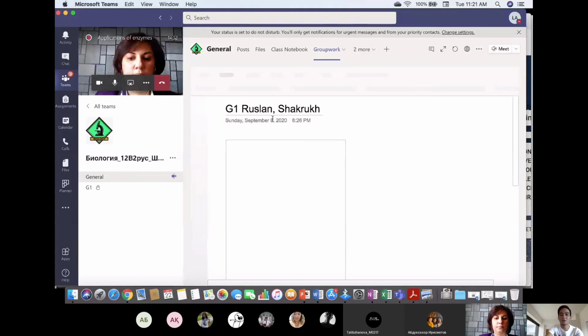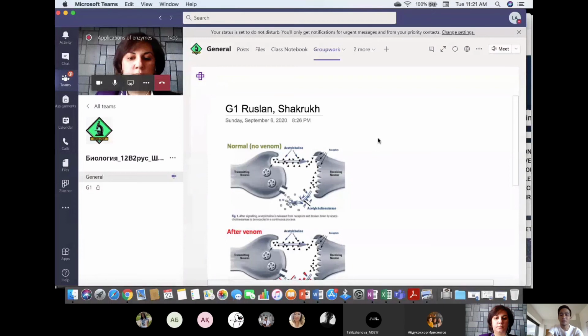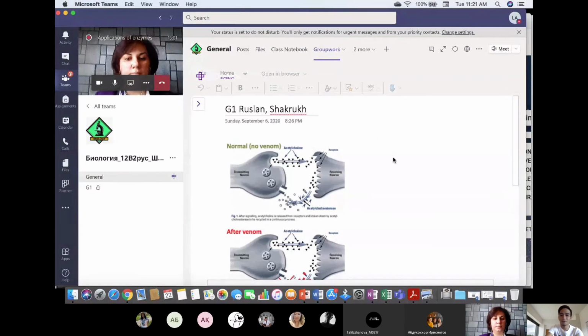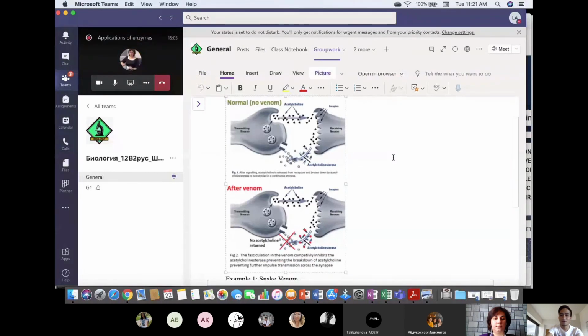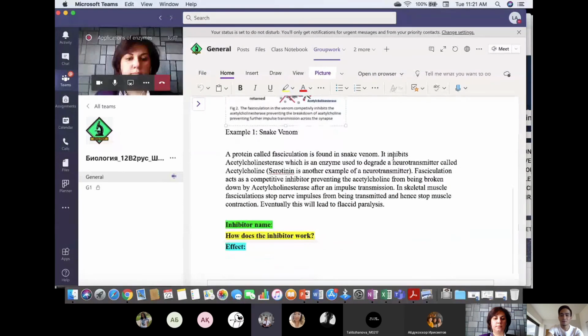For example, group 1 is Ruslan and Shakruk. Your topic is about snake venom. I've seen it. So highlight the part that says the inhibitor name with green, how does the inhibitor work with yellow, and effect blue. You can use the highlighter.